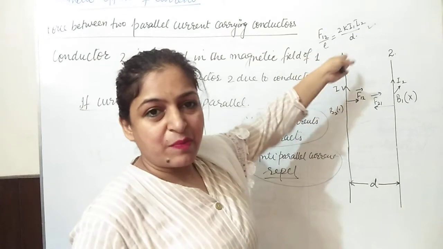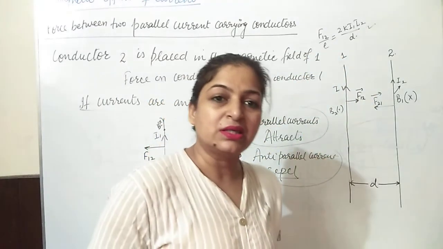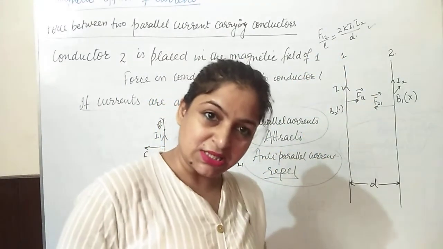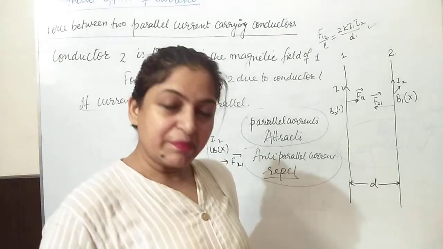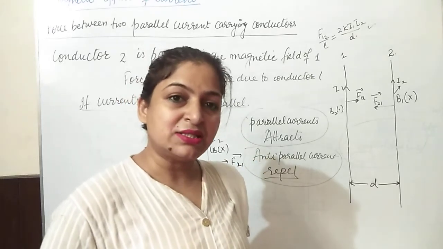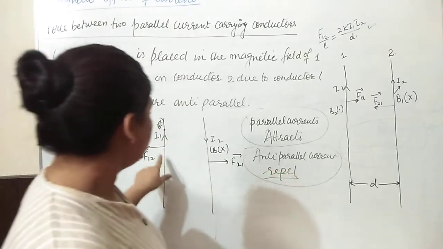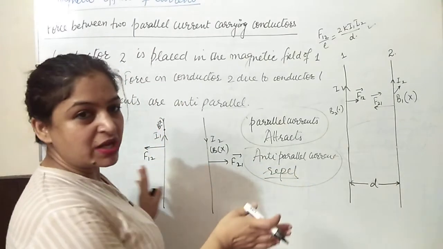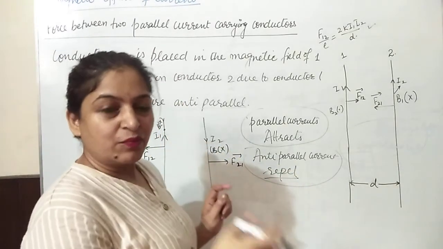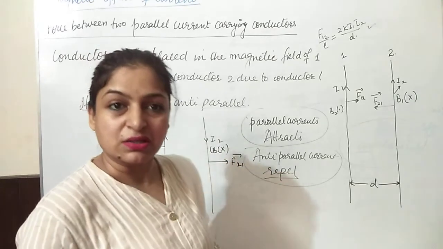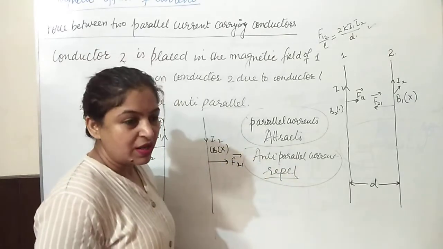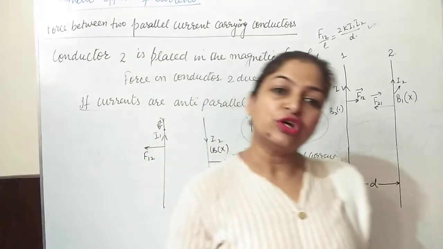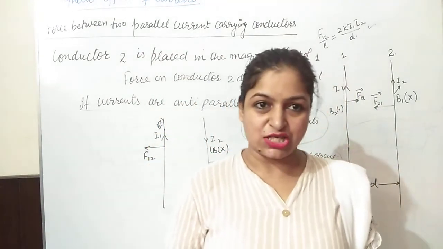Whether the currents are parallel or anti-parallel, the derivation is exactly the same and the magnitude of the forces is exactly the same. Only the directions are shown in the opposite manner. When the currents are anti-parallel, both conductors repel each other, and when the currents are parallel, both conductors attract each other.